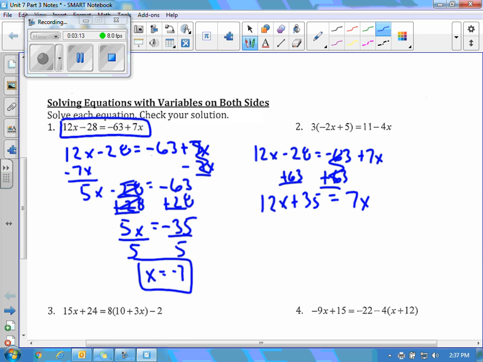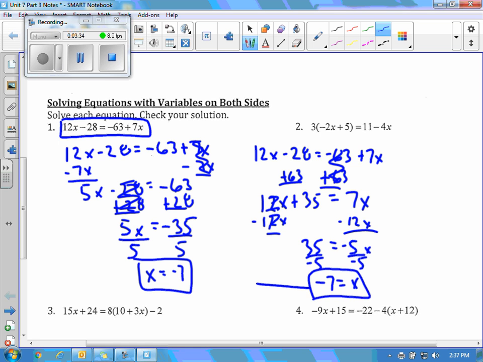Now if I were to do that, if you look, my constants are all on the left hand, because I have 35 over there, which means I would have to subtract 12x on both sides. I would have to move that over. Those will wash out, so I'll have 35 equals negative 5x. And my last step will be divide by negative 5. So I get negative 7 equals x.